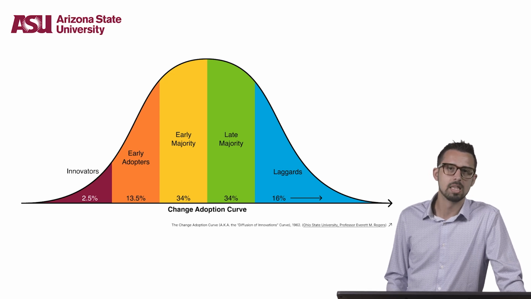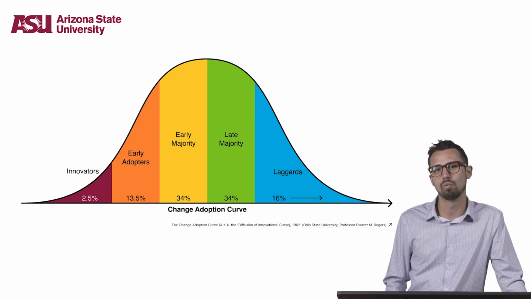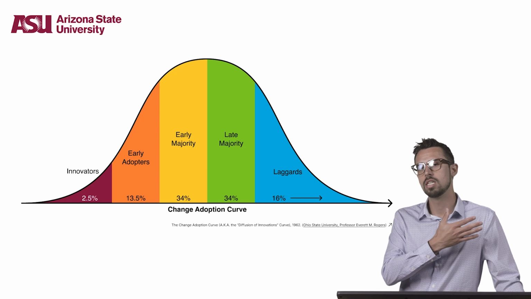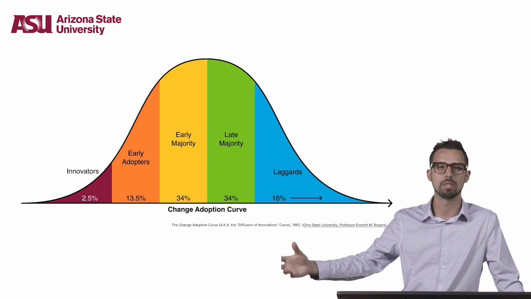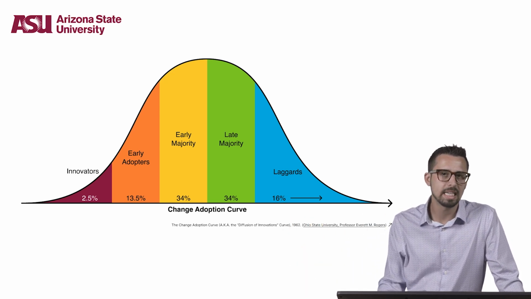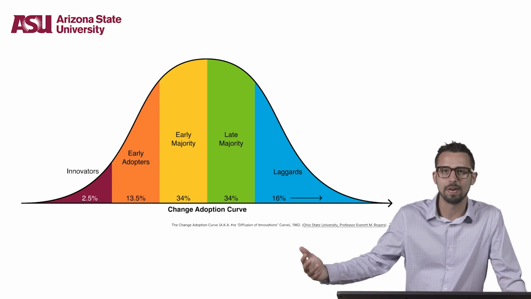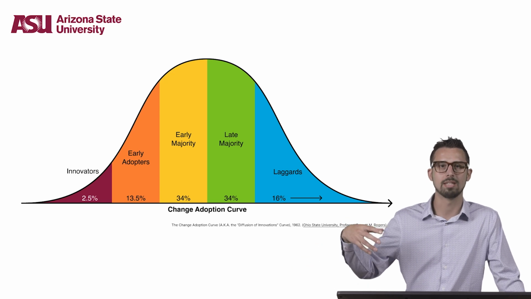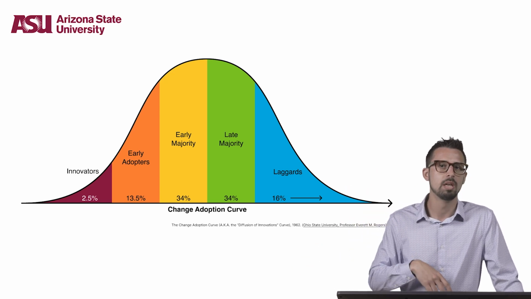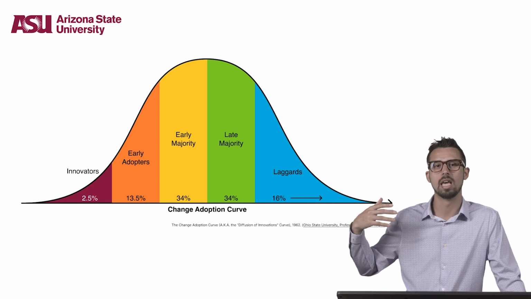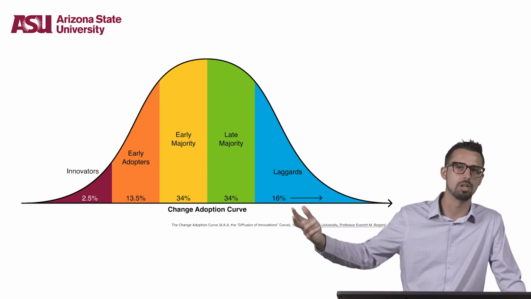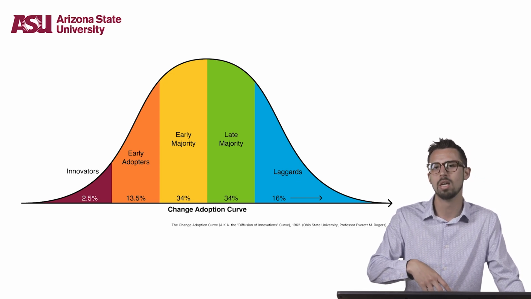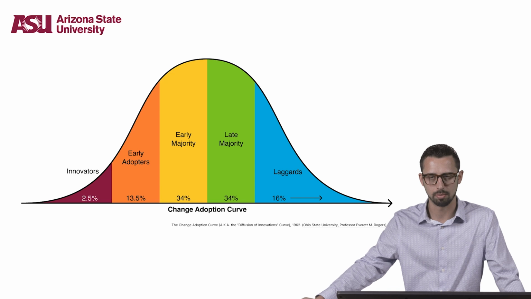But really, this bell curve theorized the rate at which an innovation, like new ideas and technologies, spreads through a population or societal system. What's nice about this model is that it identifies different adopter groups, like innovators on the left, early adopters, that's who we're looking at in this example, early majority, late majority, and then the laggards who pick up on the technology at some point across time from the product's inception on the left going into the future on the right.